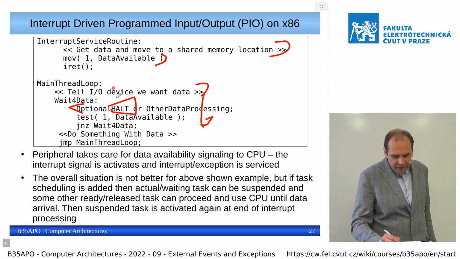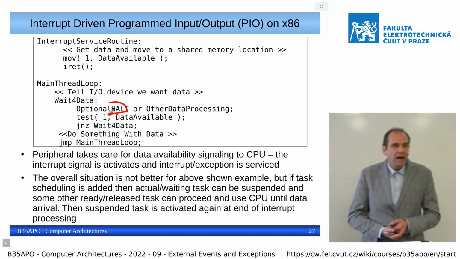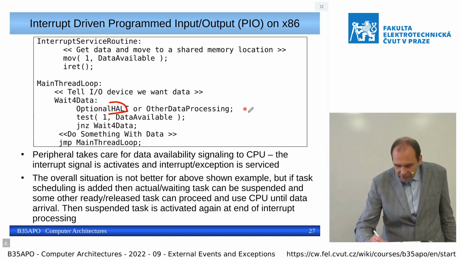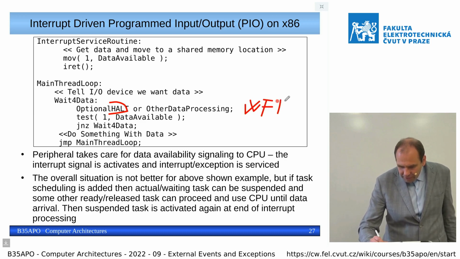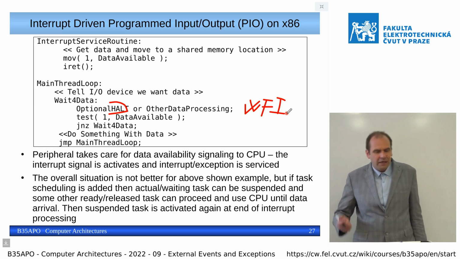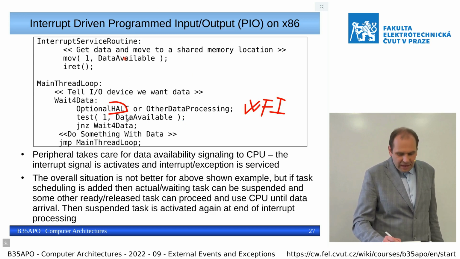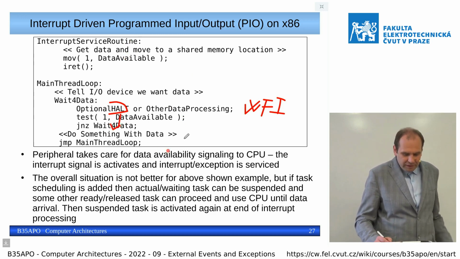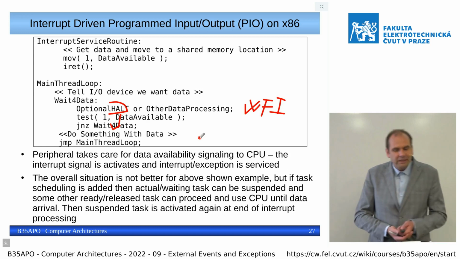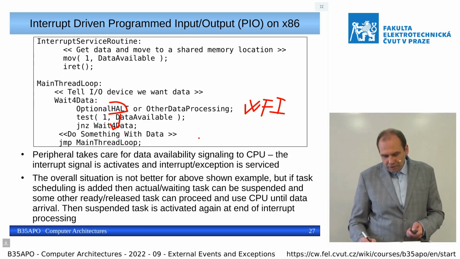It works such that the processor stops on the halt instruction, or in ARM it is called the wait for interrupt instruction. At the moment when the interrupt arrives, the processor is woken up and the data are read, and we can process them and do something like this. So still we cannot switch to another task, but at least we do not waste power.